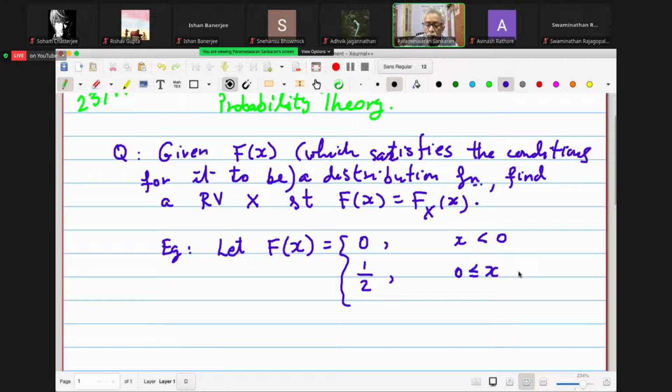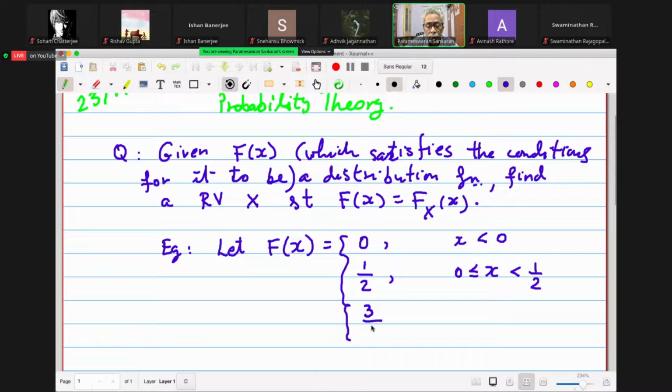I want to take something which is not a distribution function of a continuous random variable or a discrete random variable. It's a mixed type. So I deliberately make things a little complicated for myself.